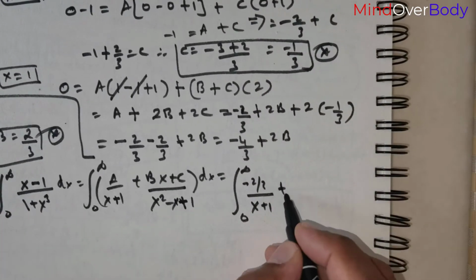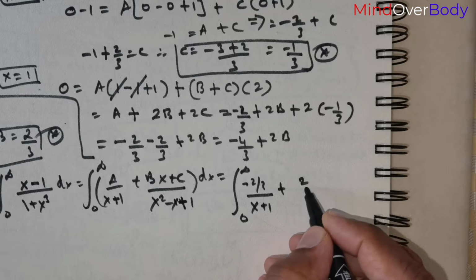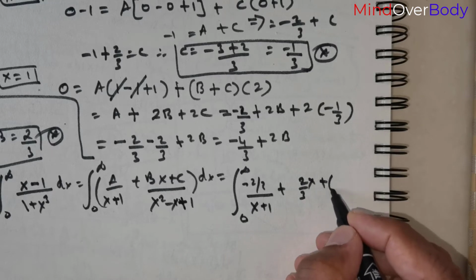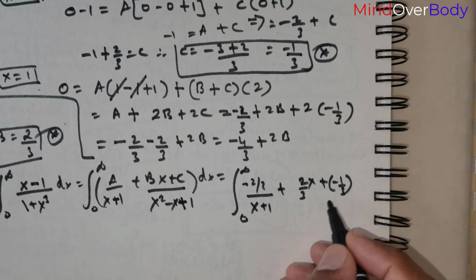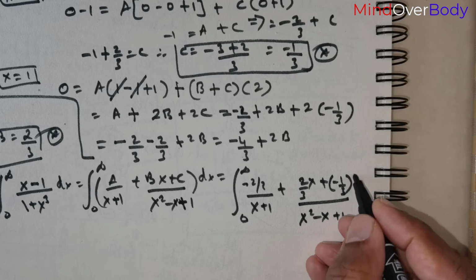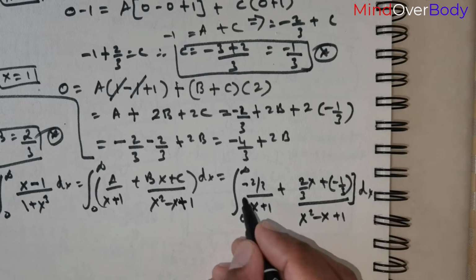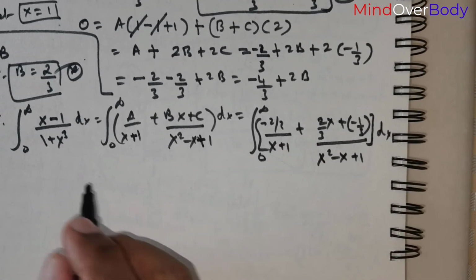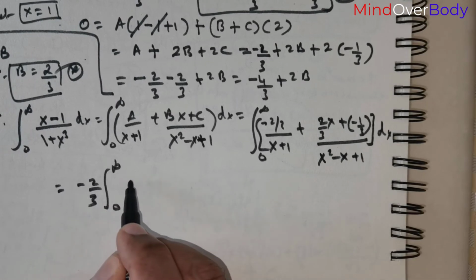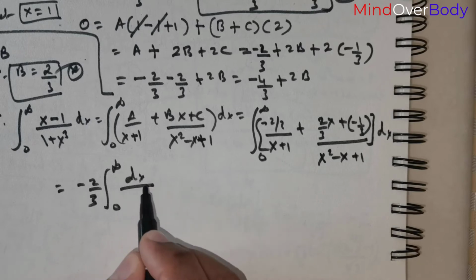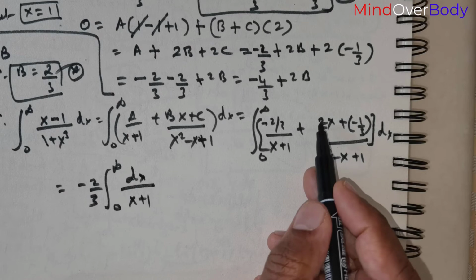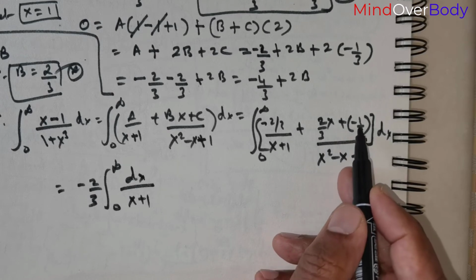The value of B is 2 over 3 times x. The value of C is negative 1 over 3. So this divided by x squared negative x positive 1, and this has to be multiplied with dx. So I would rewrite this as negative 2 over 3 integral 0 to infinity dx divided by x positive 1, and 2 over 3 x and negative 1 over 3.